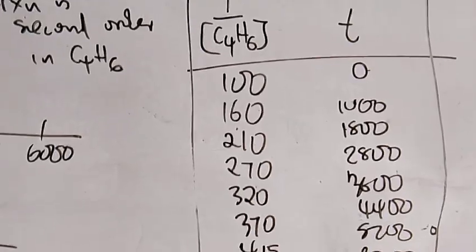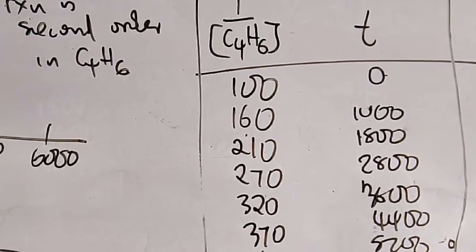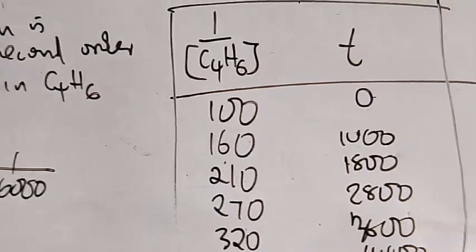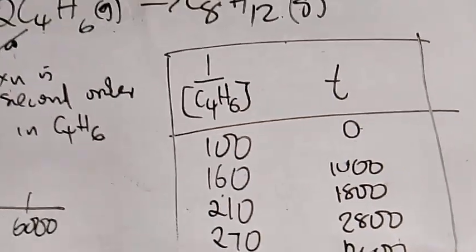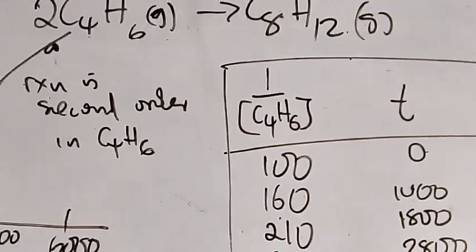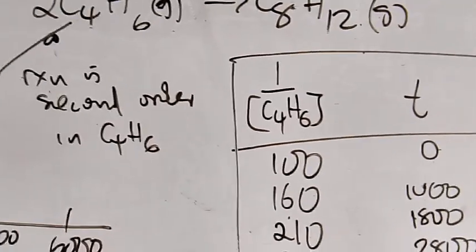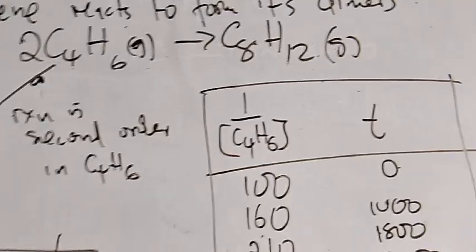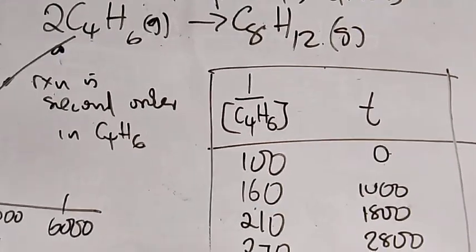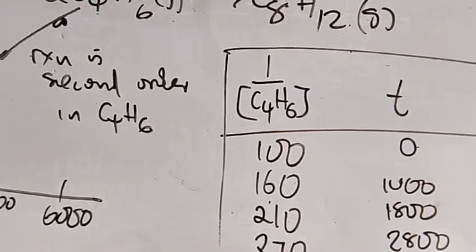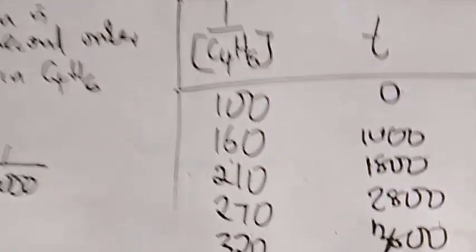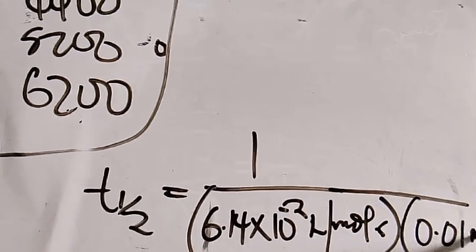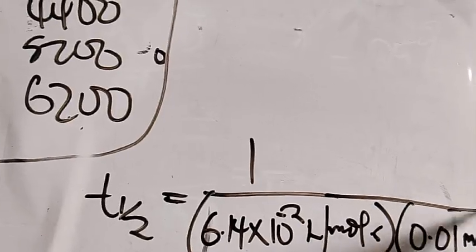So initial concentration, when T is equal to 0, from the table that we have, is 0.01 mole per liter.